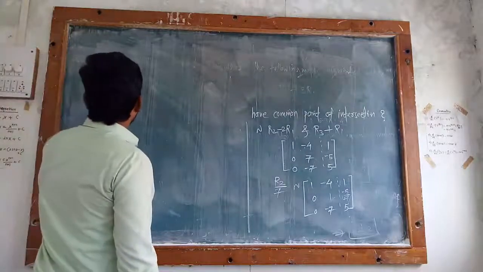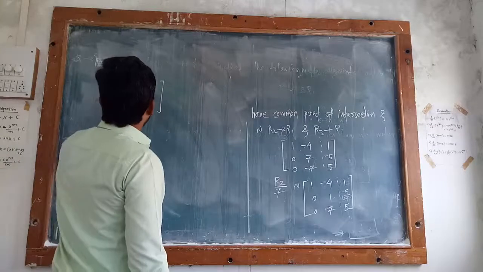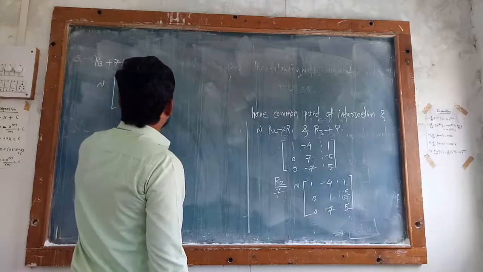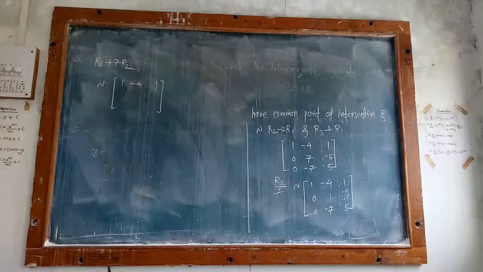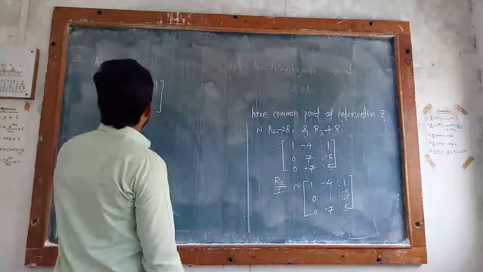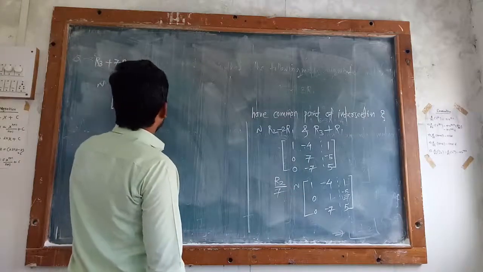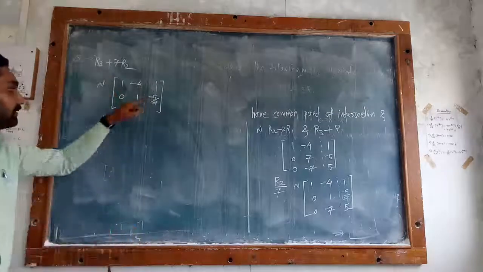So your equivalent matrix becomes: your first row is 1, minus 4, and this is plus 1. Your second row becomes 0, 1 and minus 5 by 7, that is the third element. Okay.